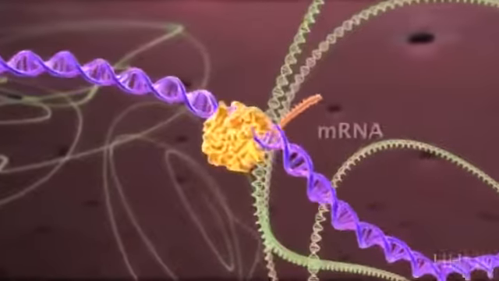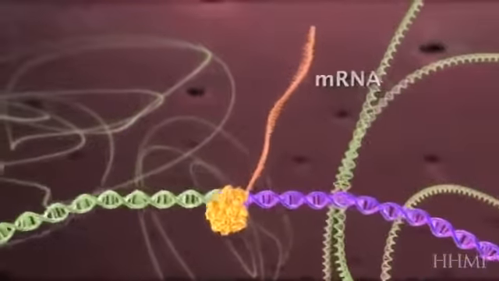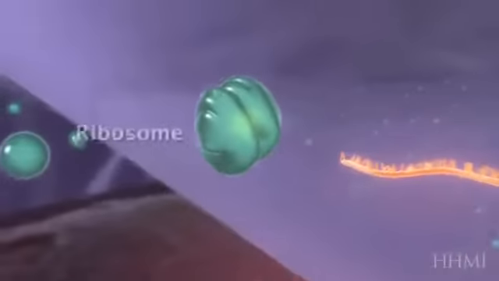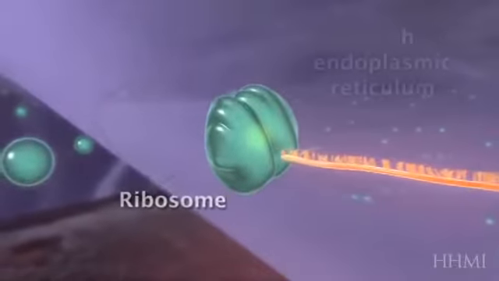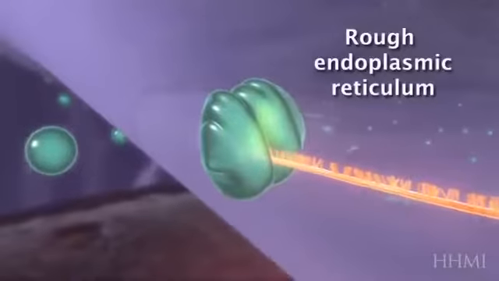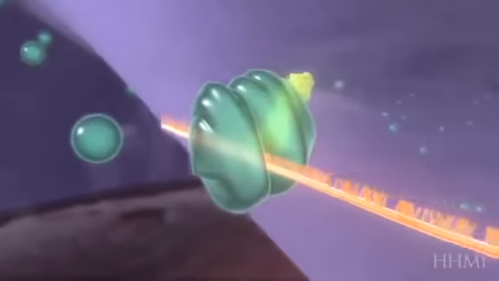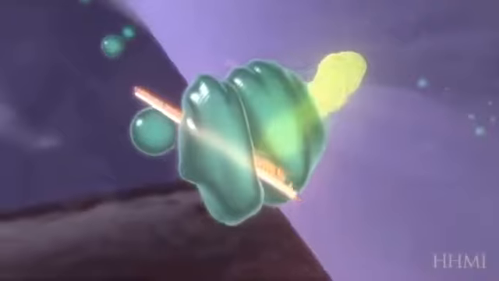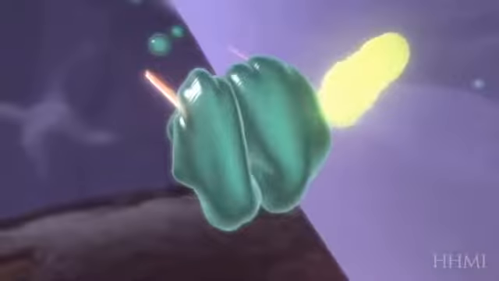Now, RNA polymerase comes along and makes messenger RNA. Those messenger RNAs encode for different viral proteins. They end up associating with ribosomes at the surface of the rough endoplasmic reticulum. And here's a piece of mRNA that's making envelope protein, which is directly produced into the endoplasmic reticulum.